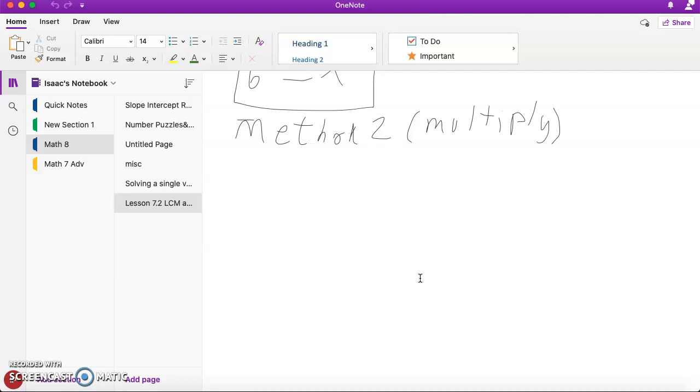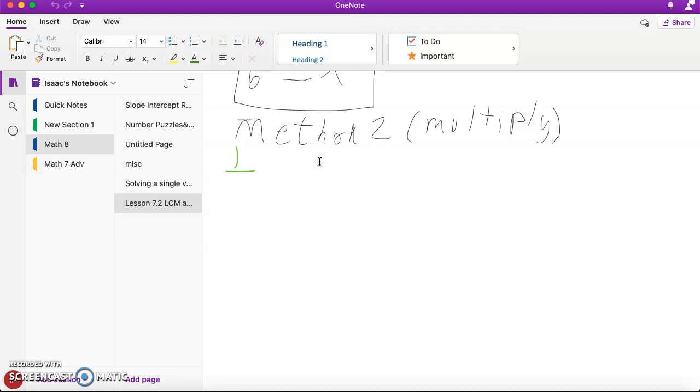So again, this is the same original problem. Method number 2, and I'm going to put this one in green because it's the tiniest bit less useful for most people. In green means you don't have to write it down. Include it if you like it better, but otherwise leave it alone.